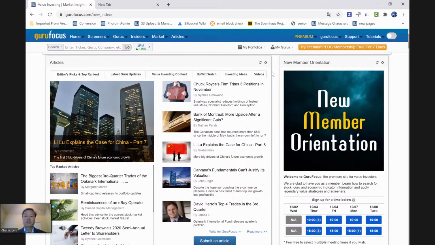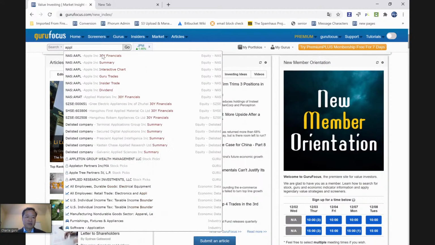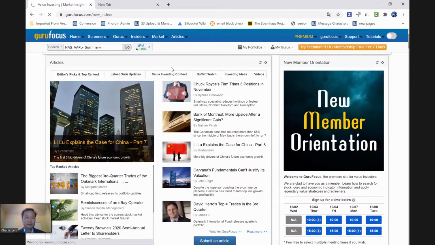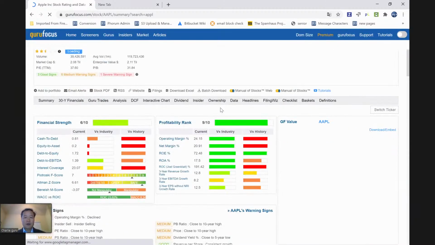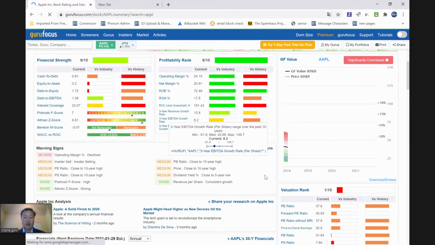One feature we just lately added to the summary page of each stock. If I come to, for instance, Apple stock here, one thing we added lately is this chart.